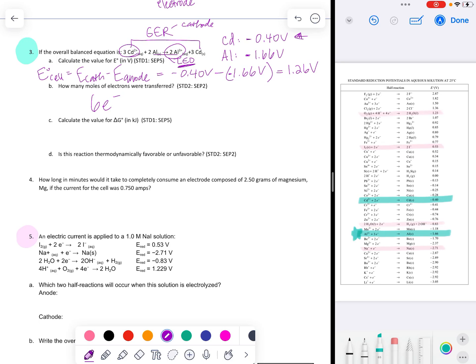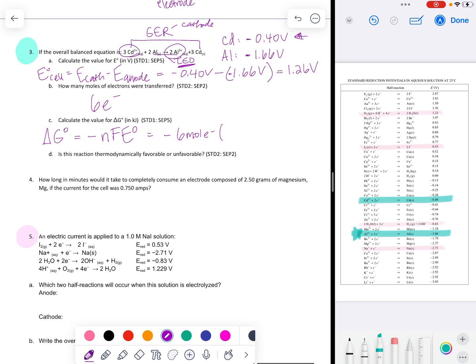Calculate the value for delta G naught in kilojoules. So I do have to know, this is on my equation sheet, and that is equal to negative nF E naught under standard conditions. So that is equal to negative, we said 6 moles of electrons.